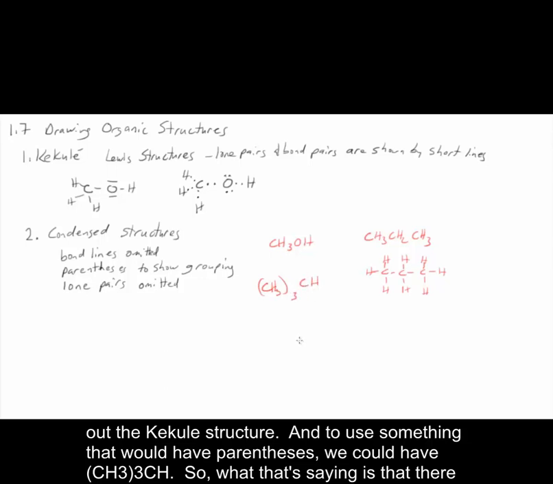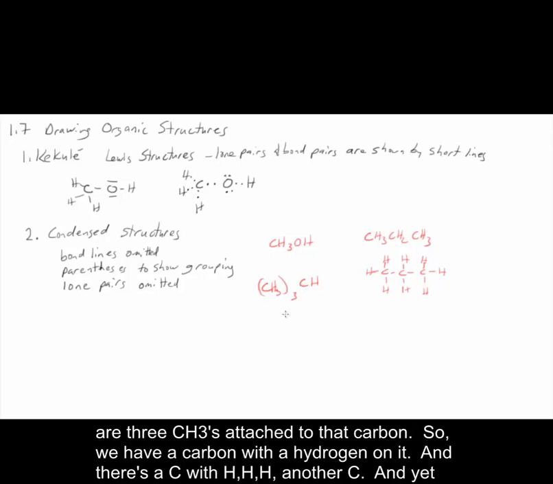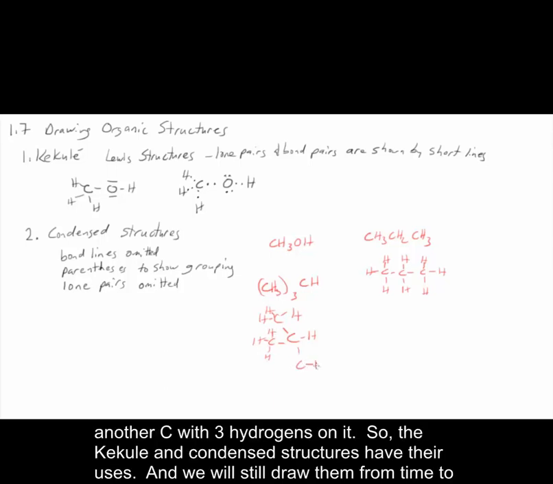So what that's saying is that there are 3 CH3s attached to that carbon. So we've got a carbon with a hydrogen on it, and there's a C with H, H, H, another C, and yet another C with 3 hydrogens on it.